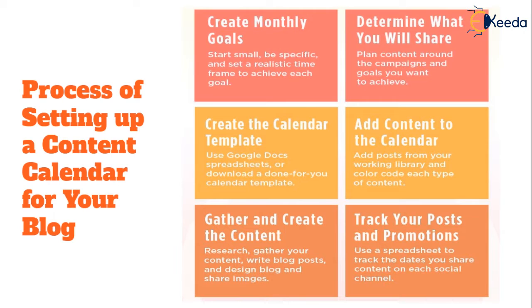The process of setting up a content calendar for your blog is very straightforward. What you need to do is start by creating monthly goals, make them specific, make them realistic, and define time for achieving these goals, which simply put means that ask yourself, do you want to blog on a daily basis, or do you want to create blog posts on alternate days or one post a week?